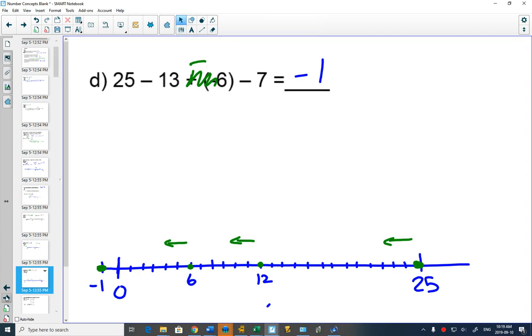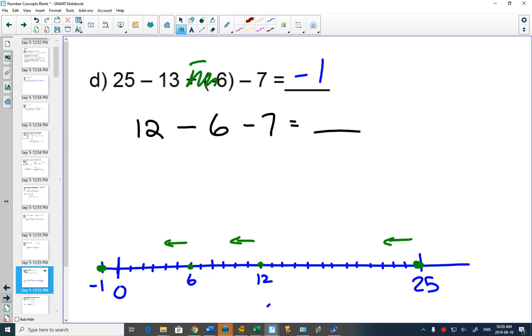So first of all, what did we do? We did 25 minus 13. If you know that's 12, you can rewrite everything. 12, and the plus and minus I know is the same as subtracting. So 12 minus 6 minus 7. Still don't know what that equals, but I've simplified it a little bit. And then I can simplify it a little bit more.